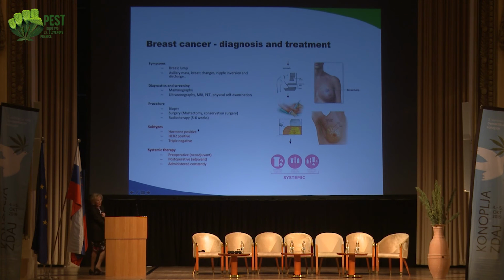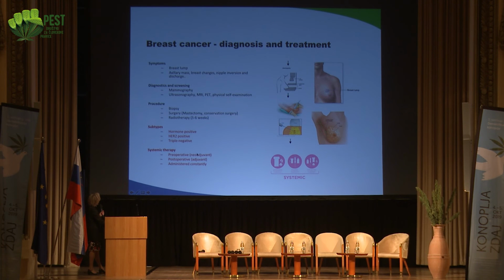And again, here there are subtypes. Subtypes of breast cancer can be hormone positive, so they still have the estrogen receptors and progesterone receptors, which are the receptors that normally function in the breast, regulating its activity, especially during pregnancy. And systemic therapy has also been improved.